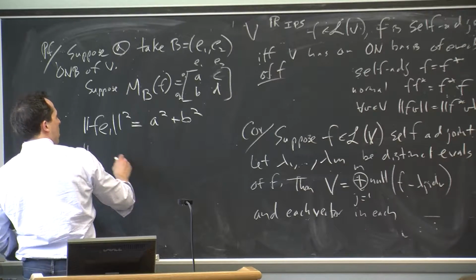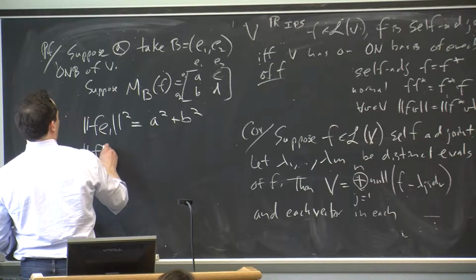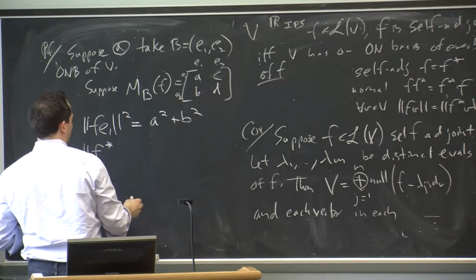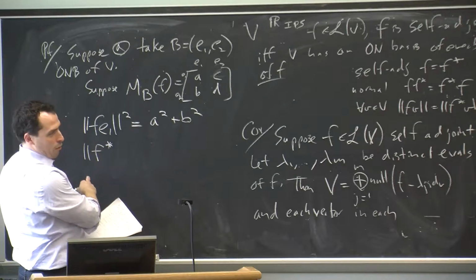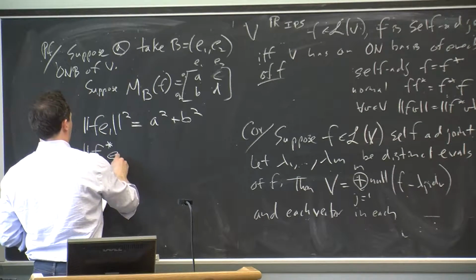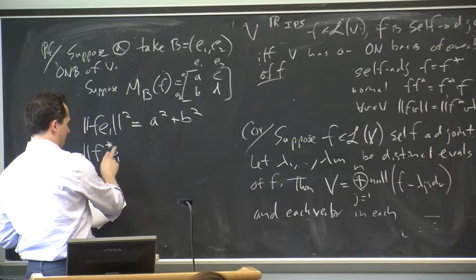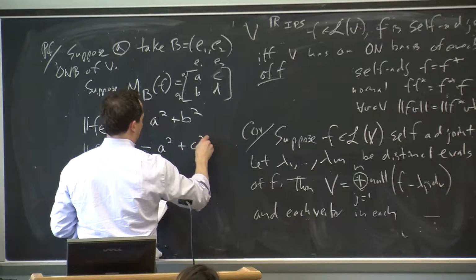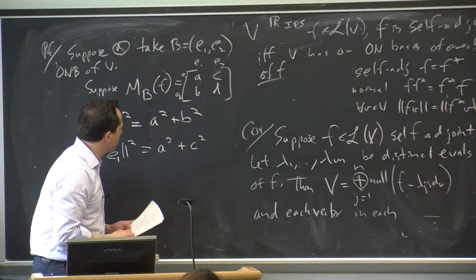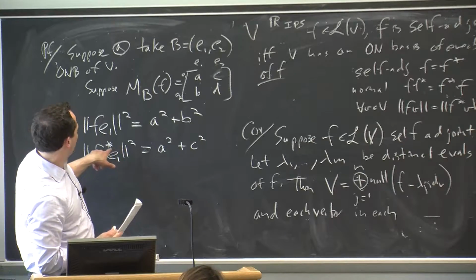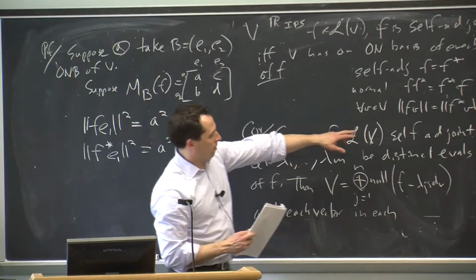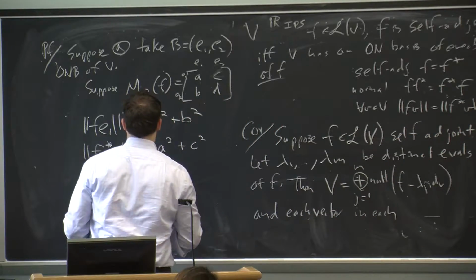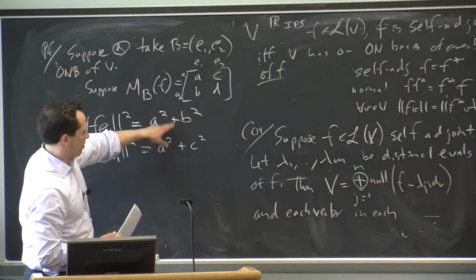The first row I can get by taking the conjugate transpose, since I have an orthonormal basis. And looking at the adjoint, the norm of f star of E1 squared is A squared plus C squared. Right? But this is normal. For a normal operator, the norm of f of v equals the norm of f star of v. And so these two things must be equal.